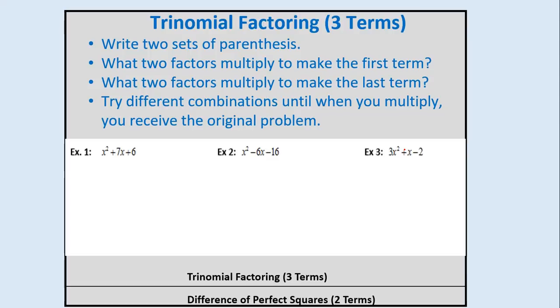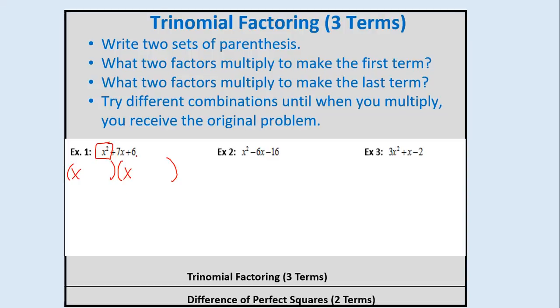So let's go ahead and try these ones. So I need to write out my 2 parentheses. Okay, and I need to ask myself, what 2 factors, what 2 things make x squared? Well, an x times an x, right? So I'm going to put those guys in the front here.